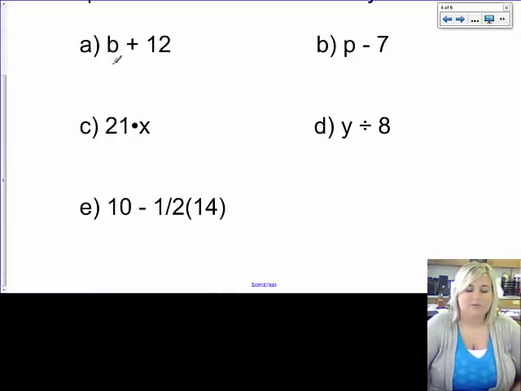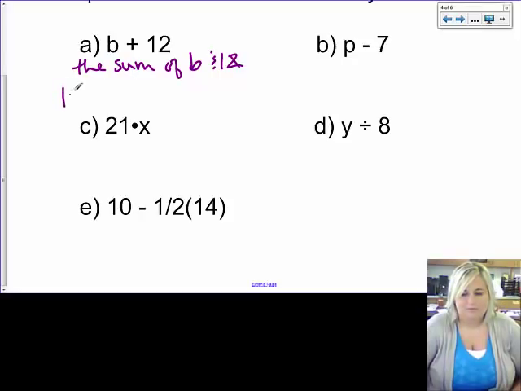Okay, on A, I have b plus 12. I could say that this is the sum of b and 12. My pen froze. I could also say 12 added to b.